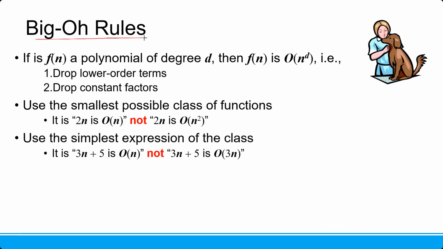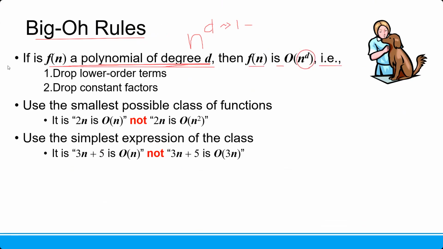If f(n) is a polynomial of degree d, so n power of d, this is what we call the polynomial of degree d. d can be any number from 1 until any integer number. So if f(n) is a polynomial of degree d, then f(n) is O(n power of d).